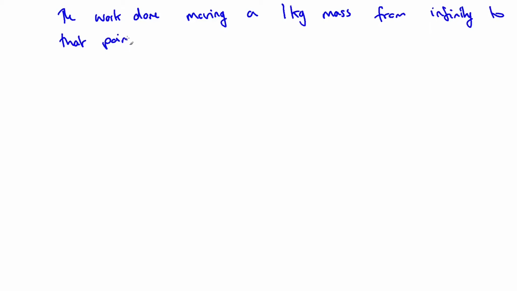Explain what is meant by gravitational potential at a point in a gravitational field. Well, really we just have to learn that. It is the work done moving a 1 kilogram mass from infinity to that point in the field.